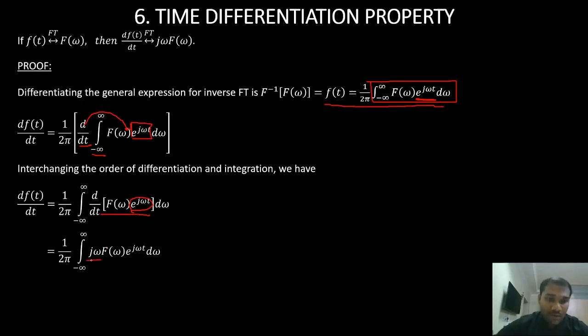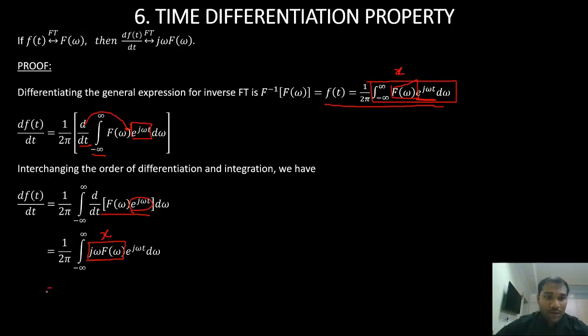Now if you look at this term here, I'll just assume it to be, let us say, some x, right? Compare these two terms. This is my x, let us say. Are they both of the same form? Yes, they are of the same form. So what can I write?